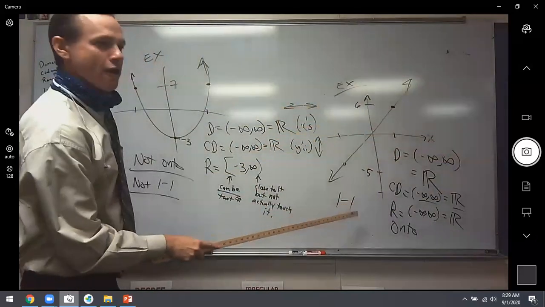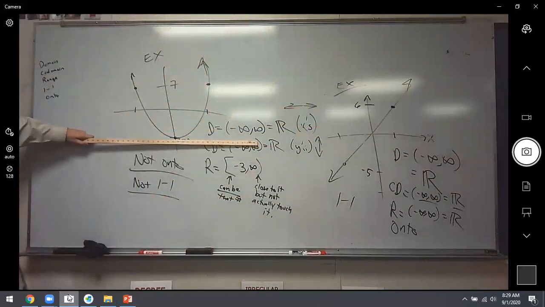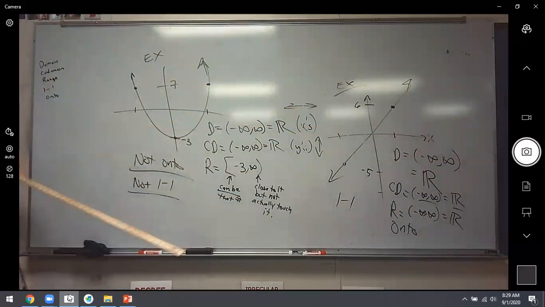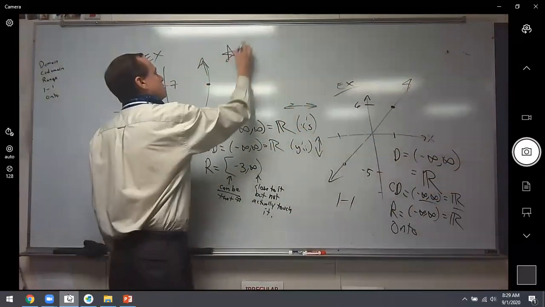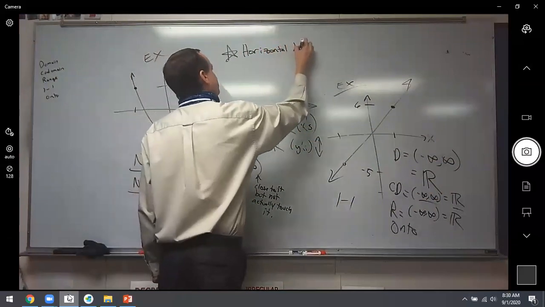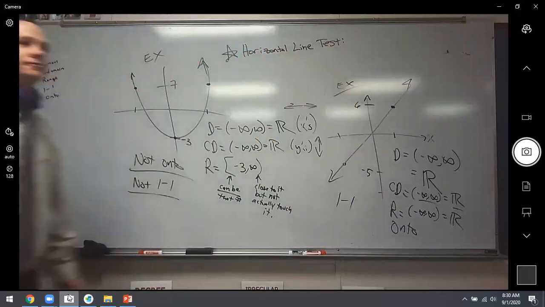So this thing is, guess what? 1 to 1. Over here, how many times does it hit the graph? 1 right there. Ooh, guess what? This is not 1 to 1. So let's summarize that with a new test called a horizontal line test.